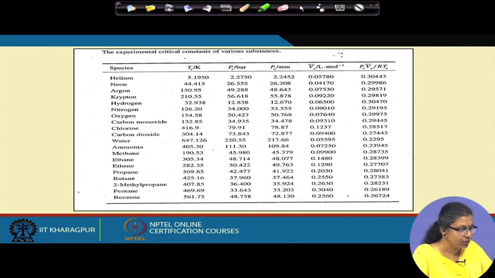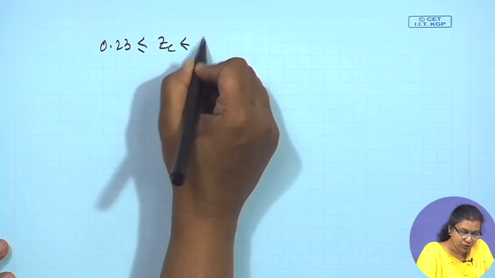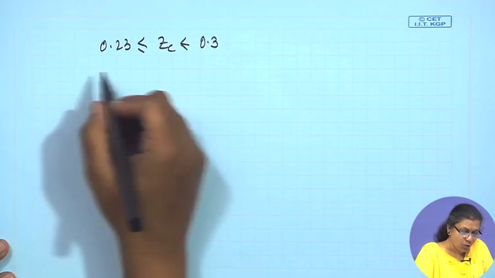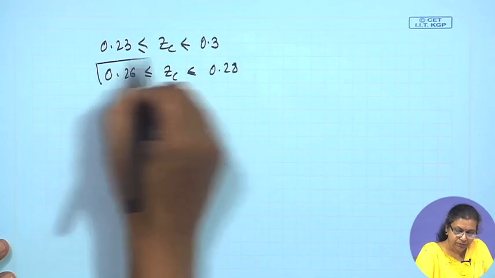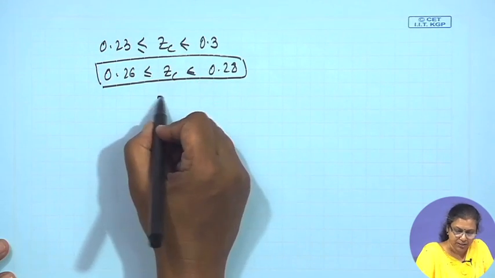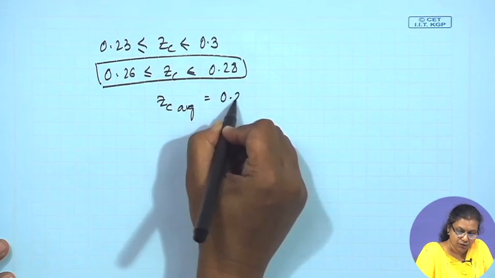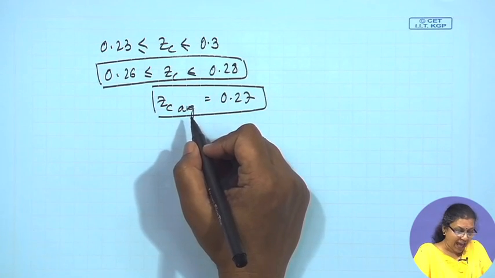So, people thought that the third parameter should be the critical compressibility factor. For 82 compounds, when Zc was found out, it was found to vary from 0.23 to 0.30, with the majority of cases lying in this range. So it was thought that when any gas obeys the 2 parameter law of corresponding states, it should have a Zc average of 0.27, and whenever there is a deviation, Zc should be introduced as a third parameter.